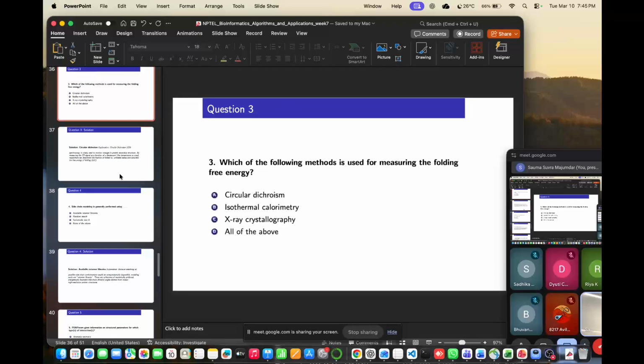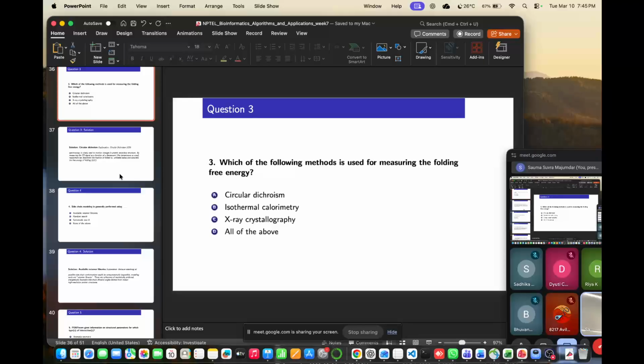Maybe we just got confused with thermal folding and free energy, right? And I think circular dichroism has also been mentioned a few times in the lectures as well. If I'm not wrong, I heard it in the lectures.